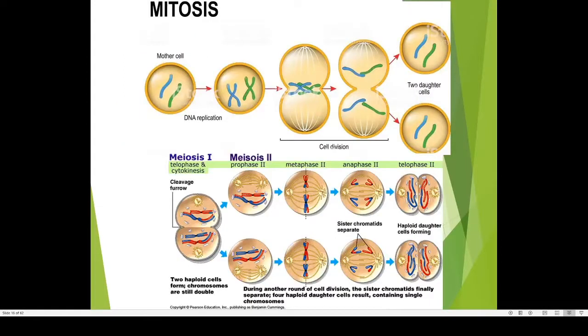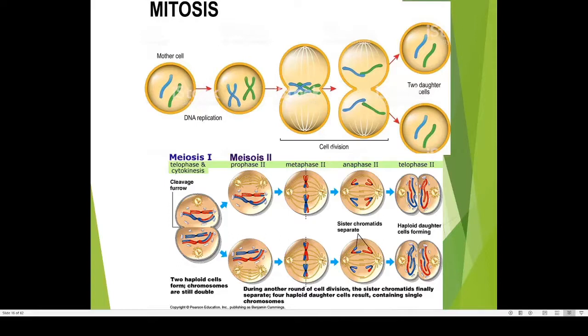For mitosis, you have your process, right? So the mother cell will divide into two daughter cells. First they replicate, and then they divide, and then now you have your daughter cells. So it's actually a very complicated process, but we can easily simplify it.